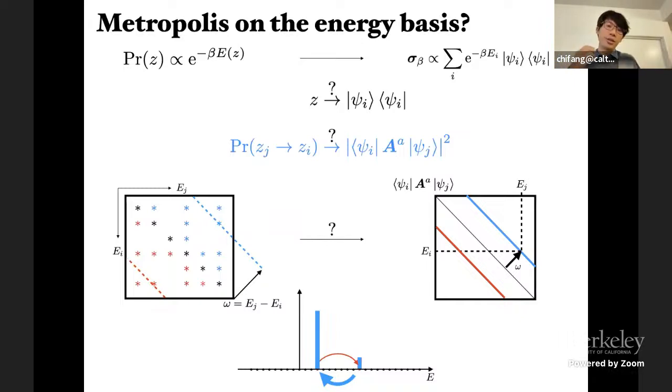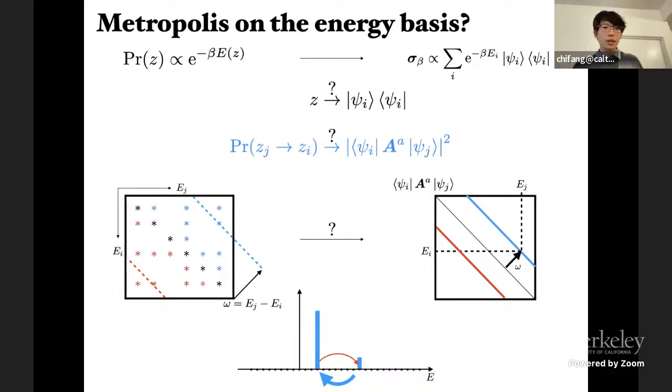All you're doing is replacing the spin configuration with each individual energy eigenstate. And this could kind of work formally. You just replace Z by the projectors, and then you replace this transition by the amplitudes. So the right-hand side is this natural quantum transition rate. It's now the amplitude between two states and the jump operator.